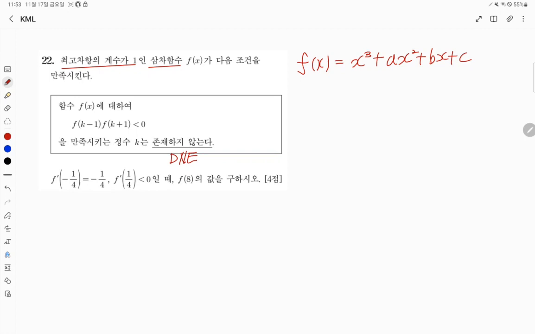And when there is a negative derivative in a cubic function, when the leading coefficient is positive, this graph satisfies the decreasing interval. So in this case, when x is minus 1/4, the slope is negative.